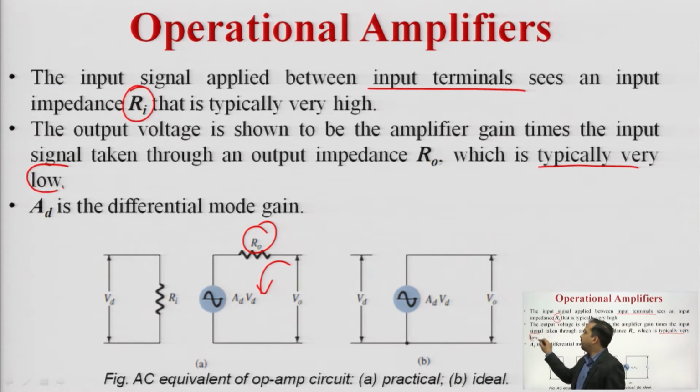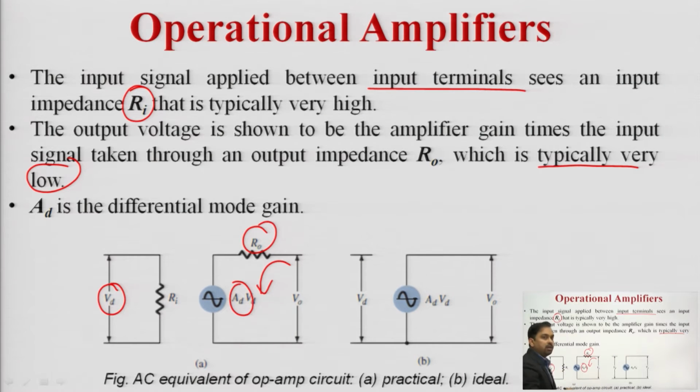We have seen low means less than 100 ohms, whereas Ad is the differential mode gain. We will talk about the gain of the op-amp, but here we can understand that the op-amp has a very high gain. Vd is the differential voltage applied between the two terminals, Ri is the input resistance, Ad is the gain, R naught is the output resistance, and V naught is the output voltage.